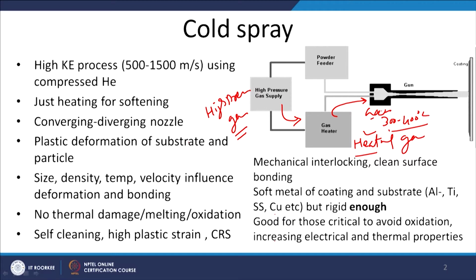Now, this gun is made of a typical geometry like this, which is basically converging and diverging, and this converging diverging nozzle helps to accelerate the gases, so that they attain very high velocity in the range of 500 to 1500 meters per second.